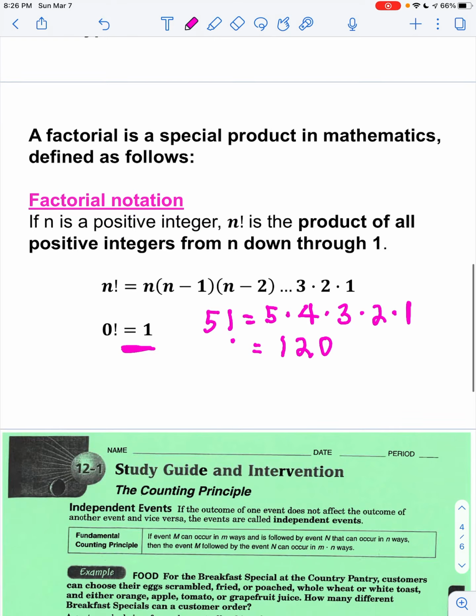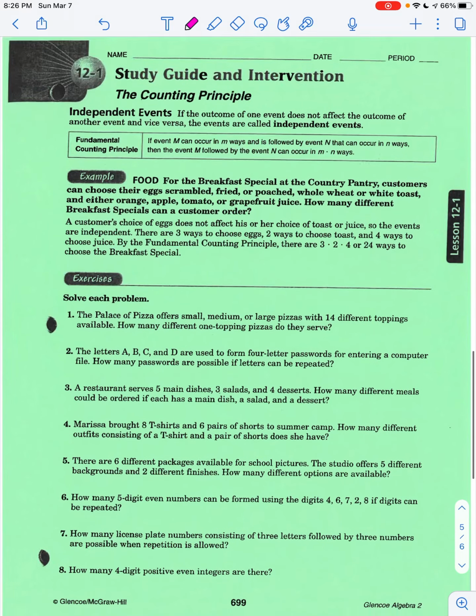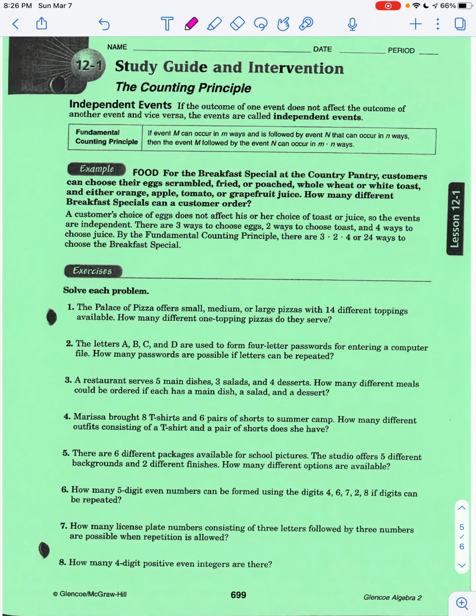All right, so let's see how this works. This first side of my worksheet deals with independent events. And if you look at the top at the example, they give an example of a breakfast special at the Country Pantry where customers can choose their eggs scrambled, fried, or poached. So there's 3 ways to choose the eggs.